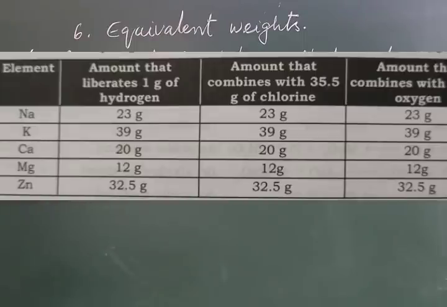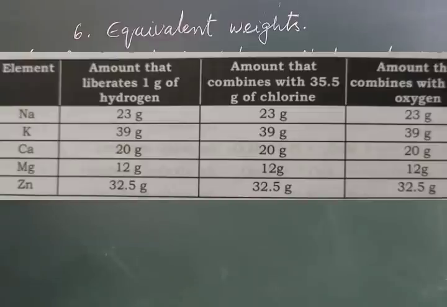Or in the third column, 23 grams of sodium can liberate 35.5 grams of chlorine, 39 grams of potassium can liberate 35.5 grams of chlorine, 20 grams of calcium can liberate 35.5 grams of chlorine, 12 grams of magnesium can liberate 35.5 grams of chlorine, and 32.5 grams of zinc can liberate 35.5 grams of chlorine.